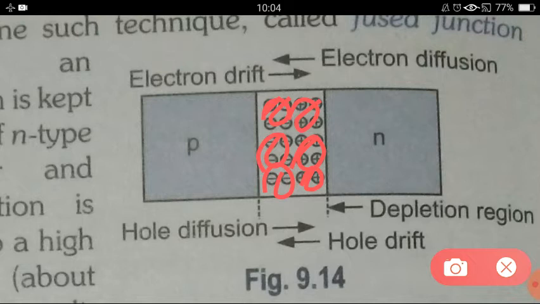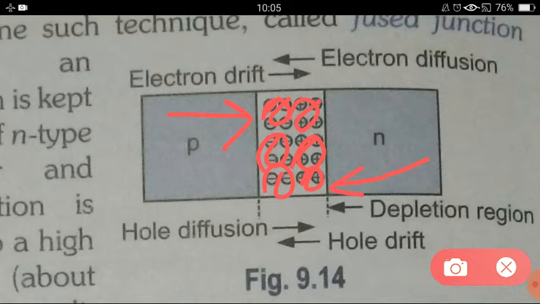Now these neutral particles behave like a wall and they don't allow further motion of electrons towards the p type and holes towards the n type. They stop the motion of electrons and holes.